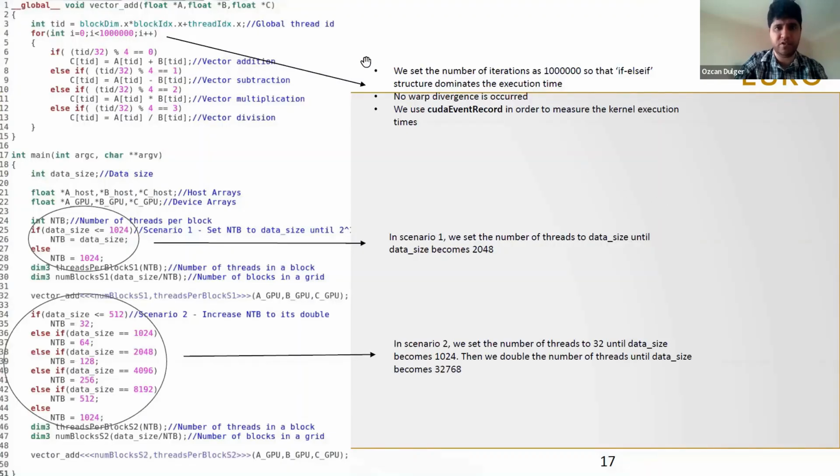Okay, now let me show you an example. And again, I define the kernel, started with global keyword. And again, a for loop here. And inside the for loop, there is an if-else structure. And at each condition, a vector addition or subtraction or multiplication or division will be performed.